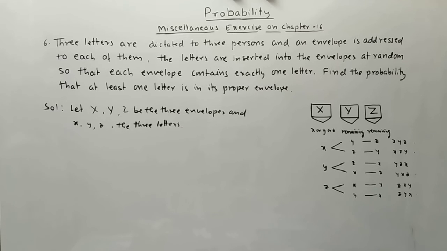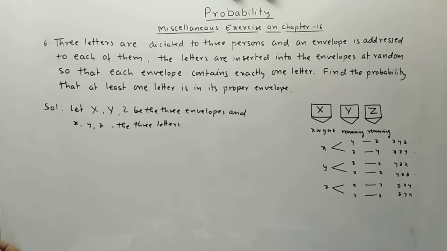There is a chance of inserting x or y or z letters in envelope X. When you insert letter x in envelope X, there is a chance of inserting y or z in envelope Y. When you insert y in Y, then you can insert z in Z. When you insert z in Y, then you can insert y in Z. Similarly, there is a chance of inserting y, z, x; y, x, z; z, x, y; z, y, x.